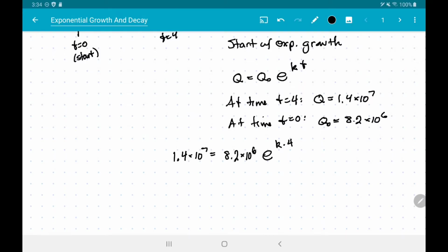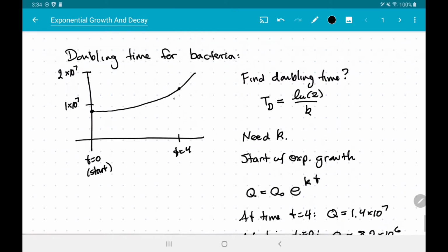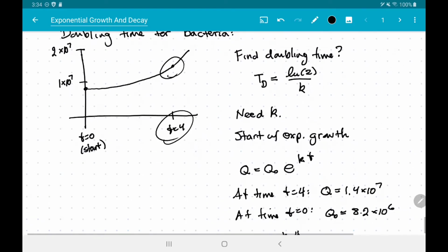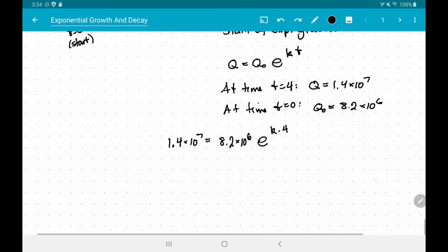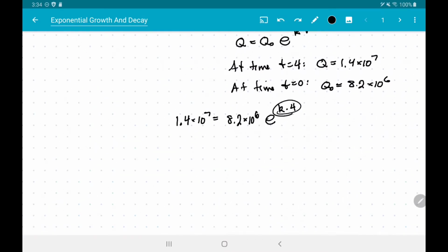That's because the 1.4 times 10 to the 7th comes at a time 4 hours after the start of the experiment. Now we need to solve for k. Okay, do you see how to do that? First step is to divide by 8.2 times 10 to the 6th. There is an exponential part, and we will need the logarithm, but not the first step.